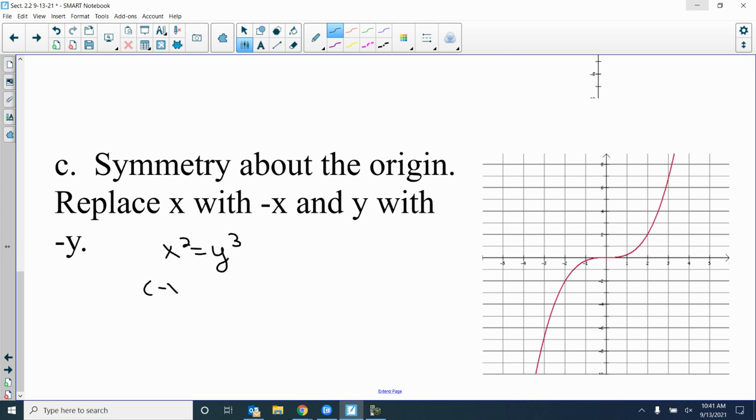That becomes negative x quantity squared equals negative y quantity cubed. That becomes positive, and that will end up being negative. So that means no symmetry about the origin.